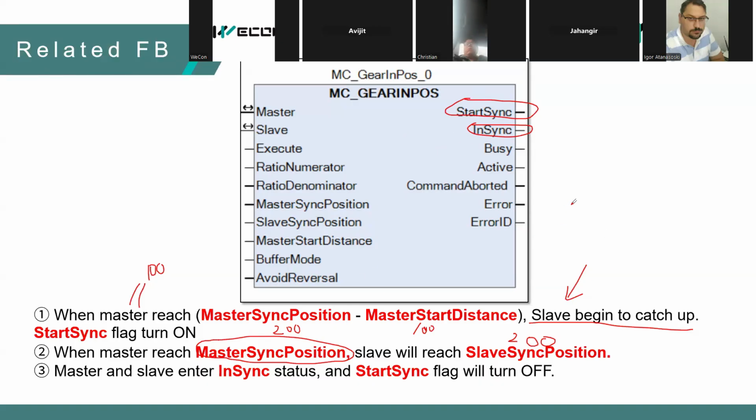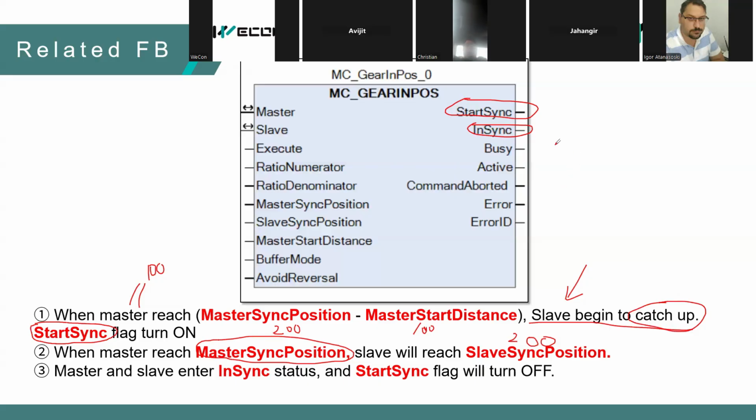So how does the slave adjust its speed during the catch-up time? The PLC will calculate the time of the master.